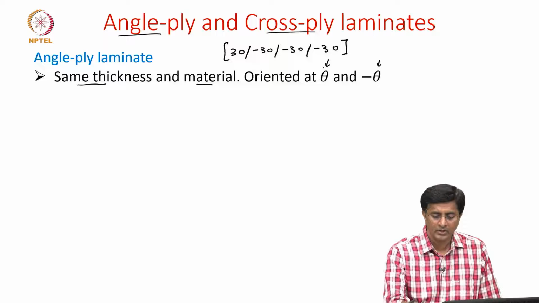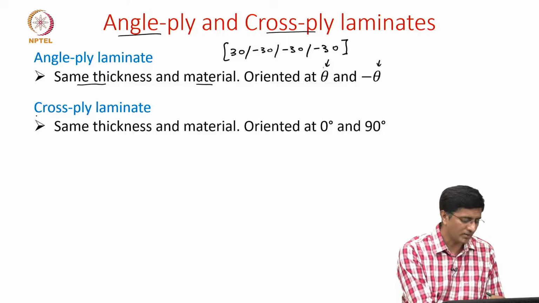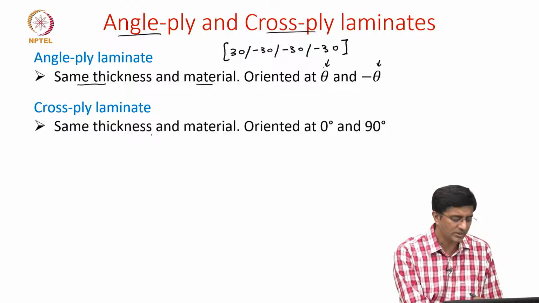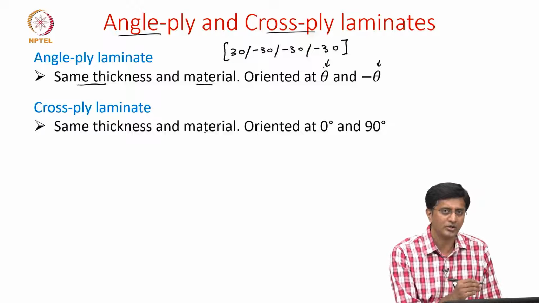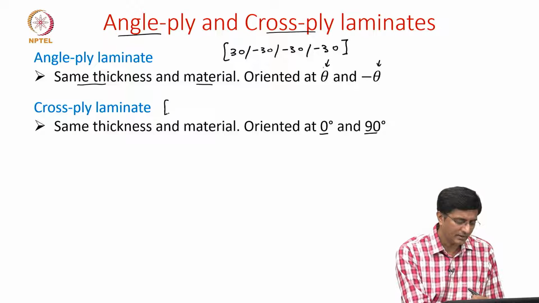Next we look at what we call a crossply laminate. Here again all layers are of the same thickness and material, but the orientation angles are either 0 or 90. For example, I can write 0, 0, 90, 0.